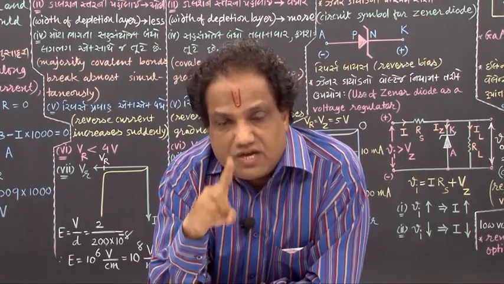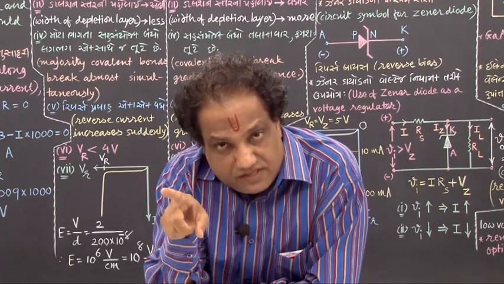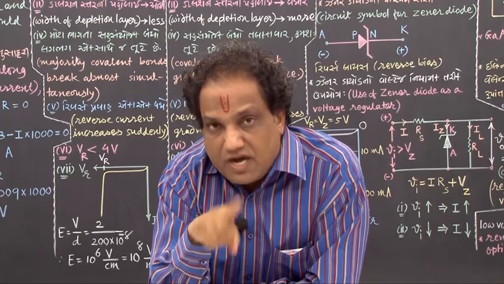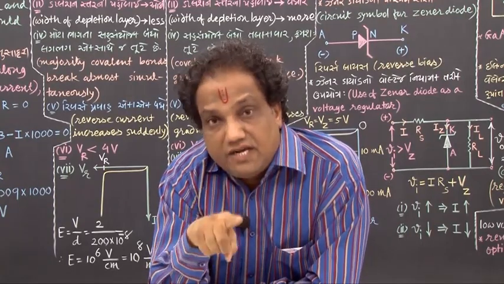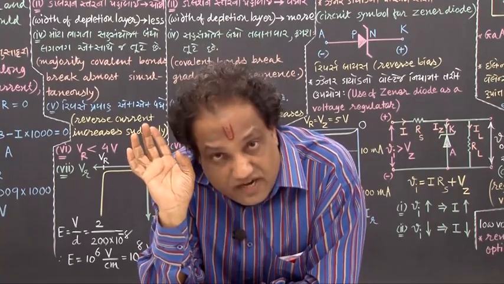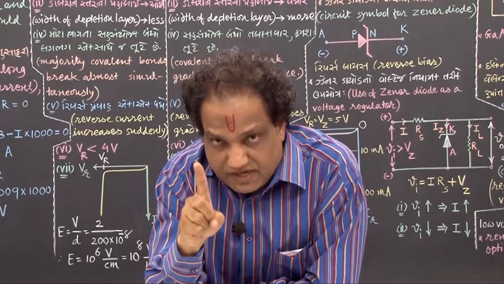Any breakdown which occurs suddenly at once gives rise to the Zener effect, and if the breakdown occurs slowly, gradually, then it gives rise to the avalanche effect. Let us see one by one. First of all, we are concentrating on the Zener effect.